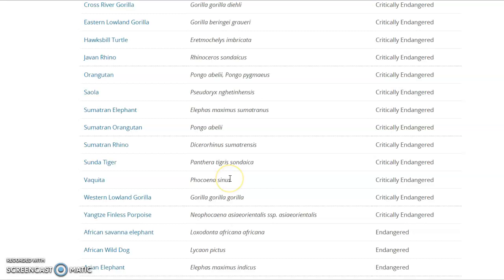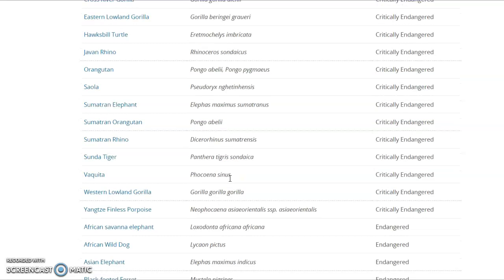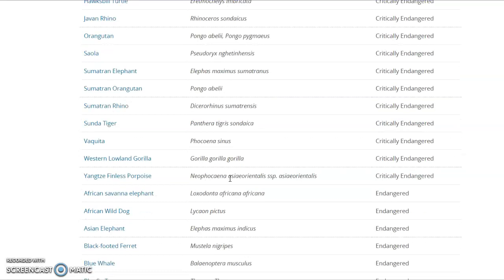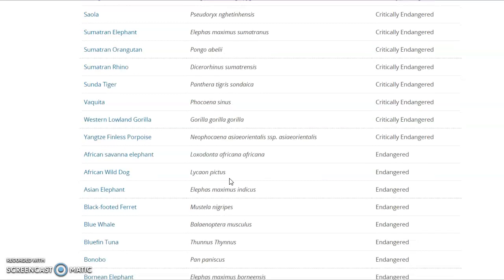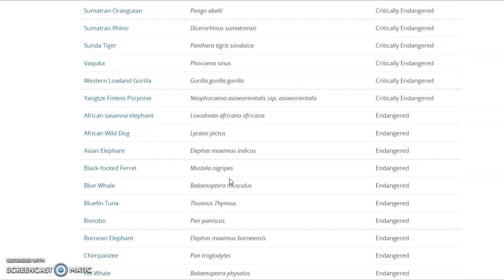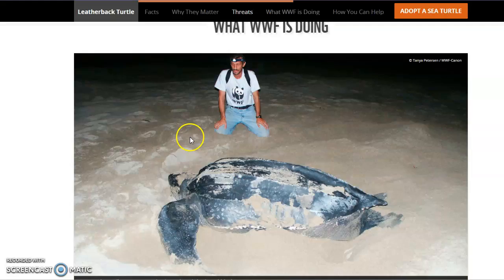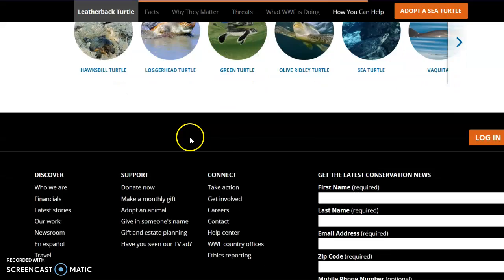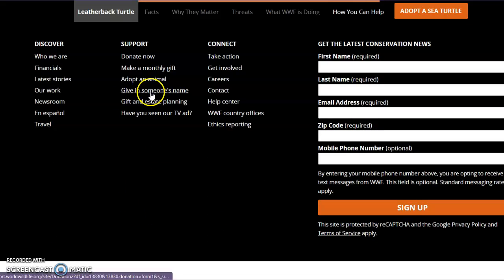One other thing I wanted to point out is that in a lot of these, I didn't find this in my leatherback turtle. If I go back to the leatherback turtle and scroll down to the bottom, I didn't find this there, but I did find here where it says contact.